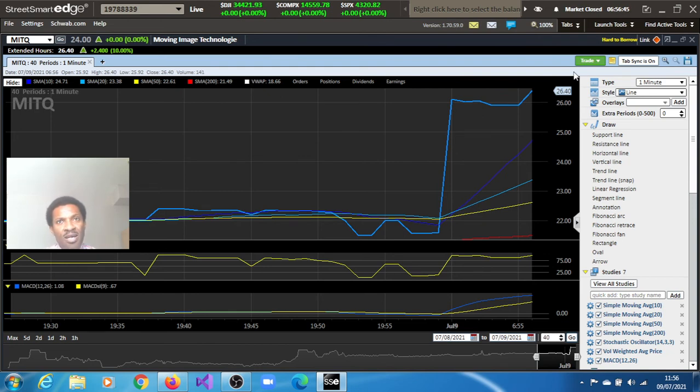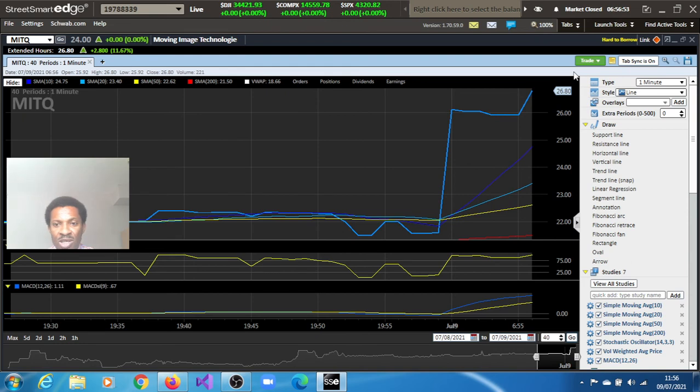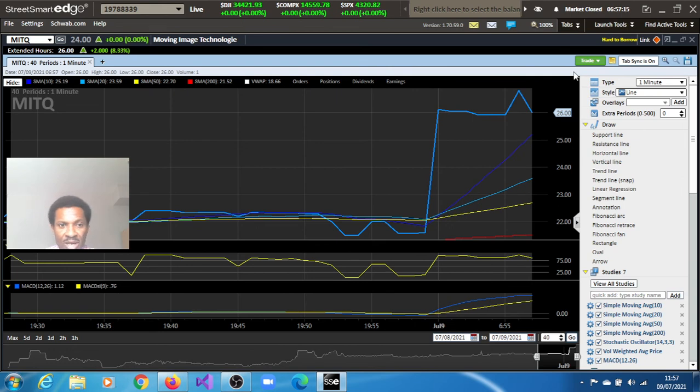Because any demand at all will tend to cause the price to go up, and also given all that is going on, the fear of missing out, we'll see the sort of gains we are talking about here, over 600% extension in one session alone. So we have an extension of 8.33% now.